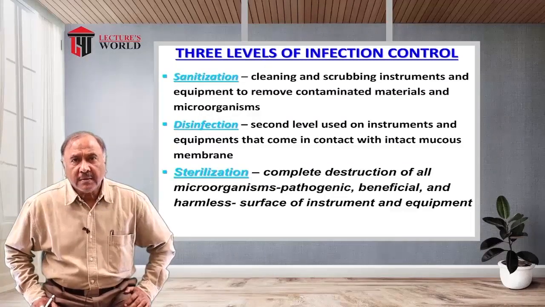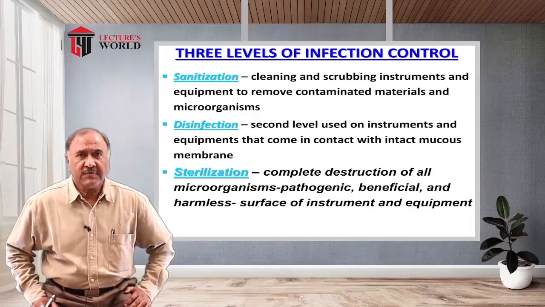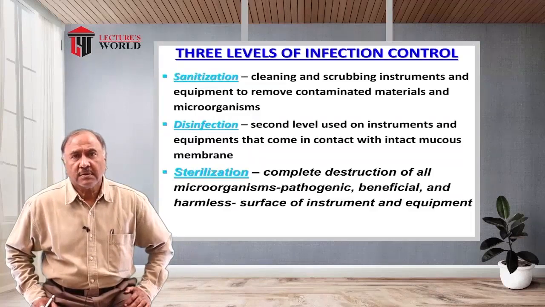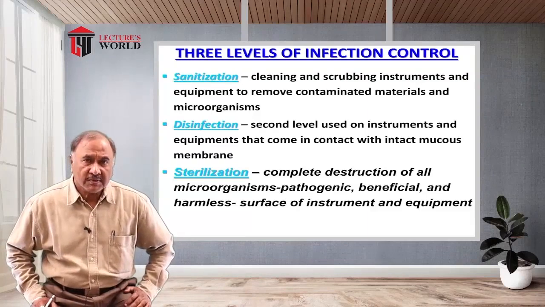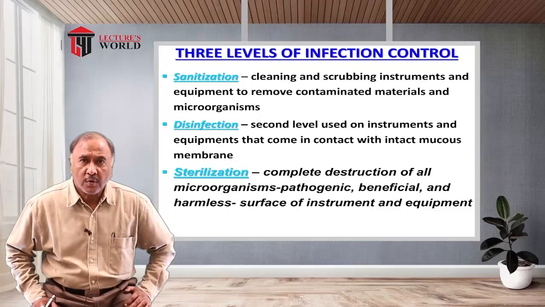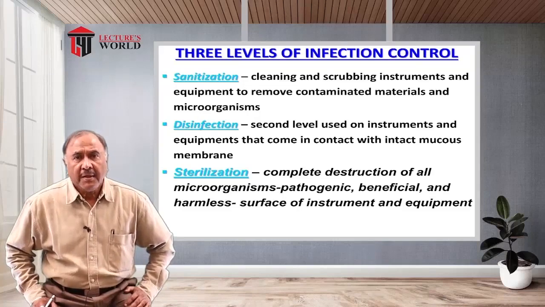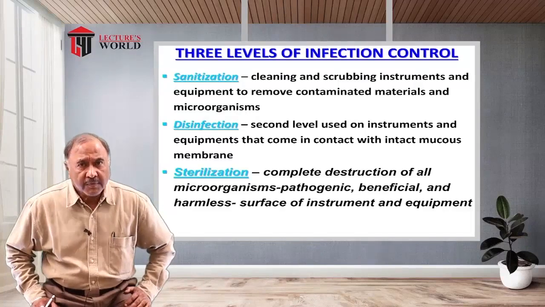Now, if we break any link in this cycle, in this chain, naturally the infections can be brought under control. And during an epidemic, like we have suffered in the past 2.5 years regarding coronavirus, if any of these links is broken, then the pandemic disease can be brought under control.